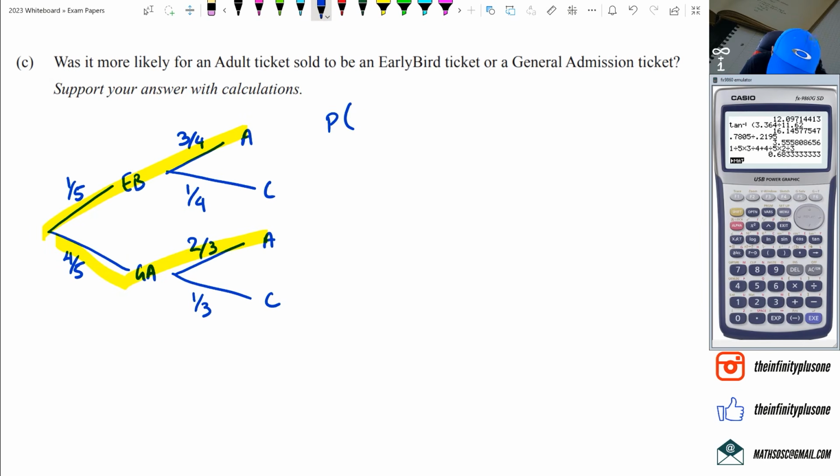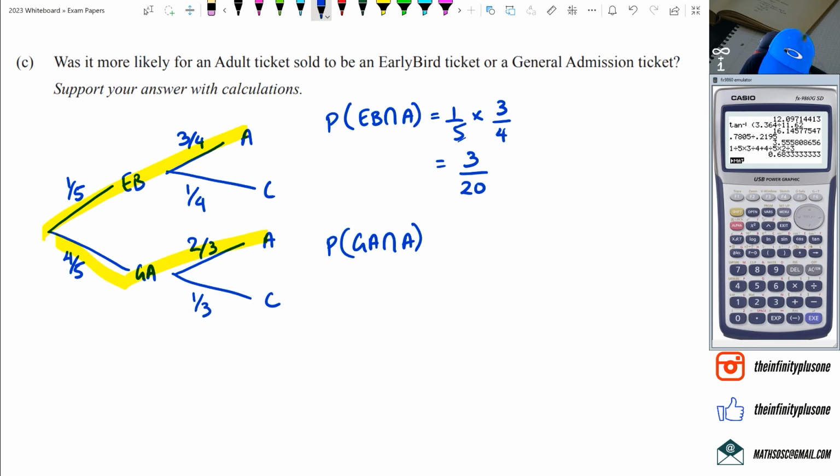Probability of early bird and adult is 1/5 times 3/4, which gives me 3/20. Then probability of general admission and adult is 4/5 times 2/3, which gives me 8/20. Sorry, that's my mistake, 8/15. Just thinking too quickly.